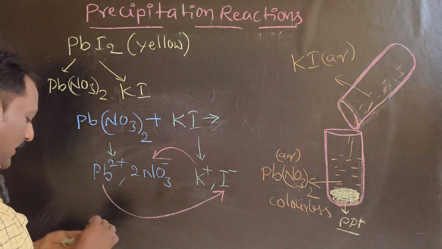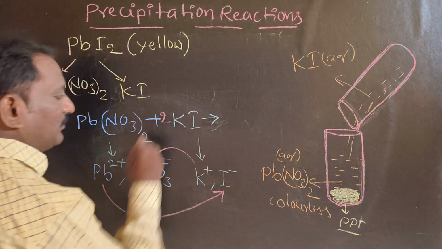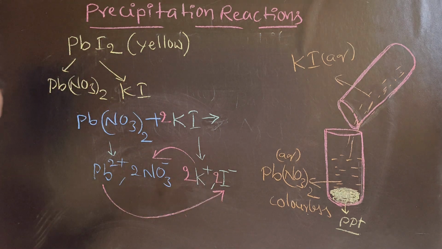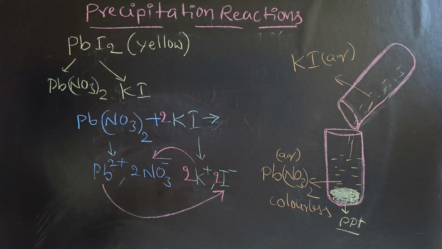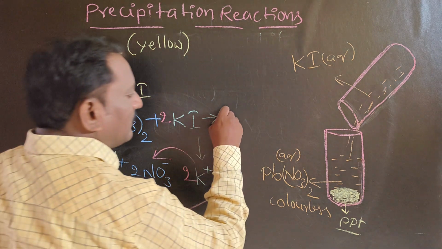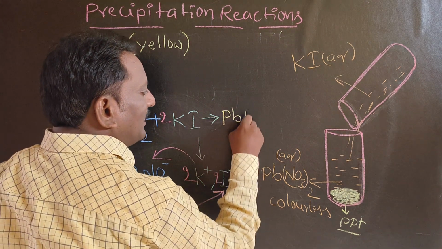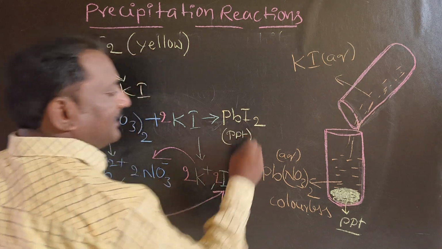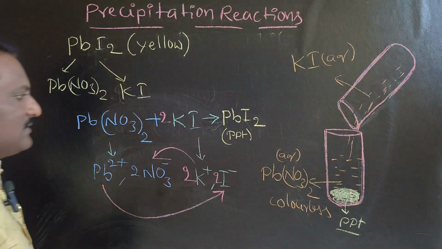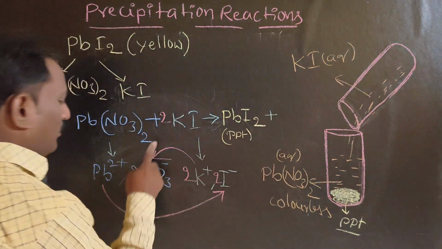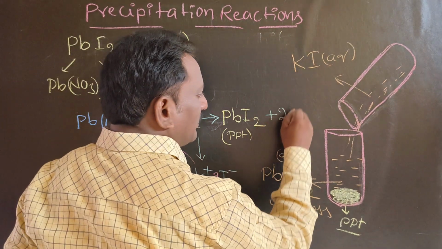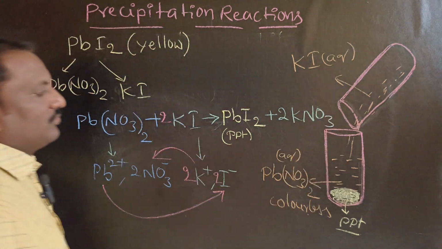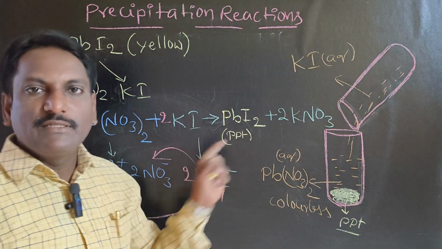So we multiply potassium iodide by 2, giving 2K+ and 2I- ions. Then you will get PbI2, lead iodide, a precipitate, plus two molecules of KNO3, potassium nitrate. This is the balanced chemical equation for this reaction.